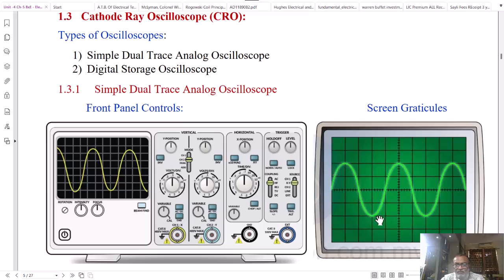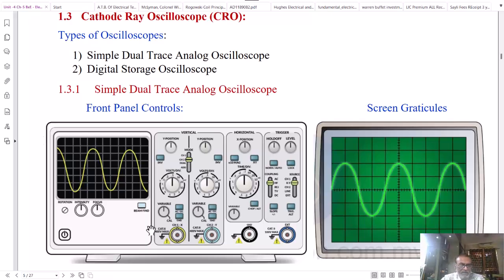Here a typical waveform is shown in a figure. The distance measured on the horizontal axis, that is the time axis, is time, whereas the distance measured on the vertical axis is voltage. We will see further how this measurement can be done.